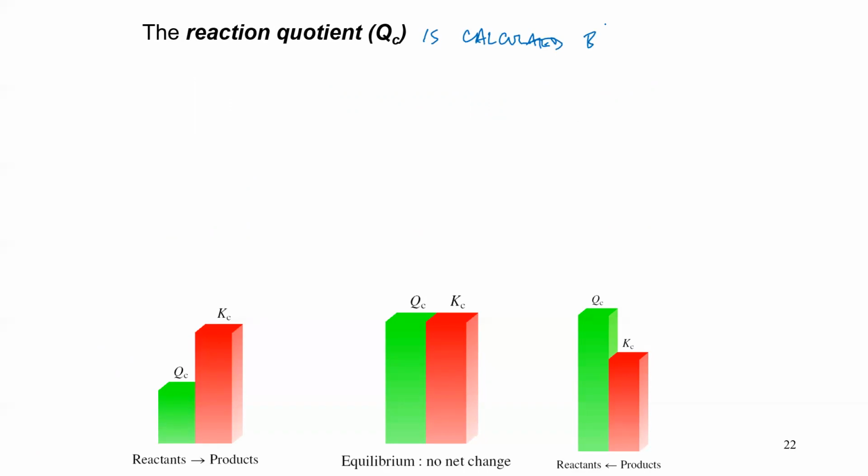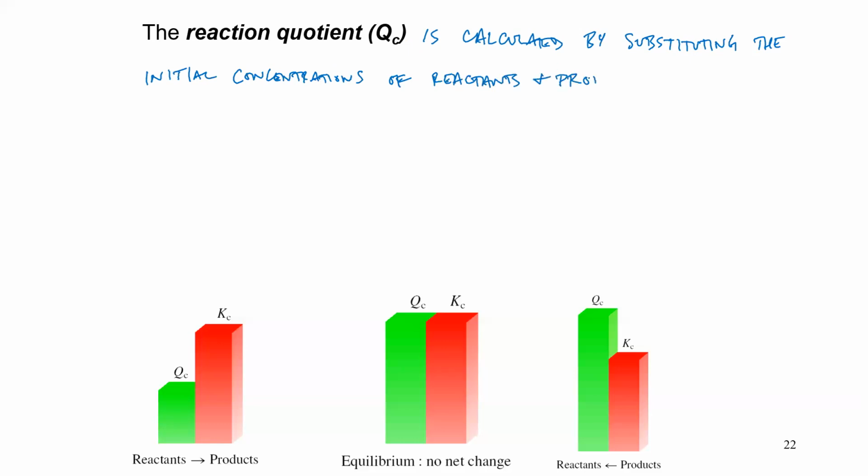And so if you don't have equilibrium concentrations, don't plug it into K, but it gets tricky because Q looks a lot like K. And so this is calculated by substituting the initial concentrations, or really at any point in the reaction, of reactants and products into the Kc expression.